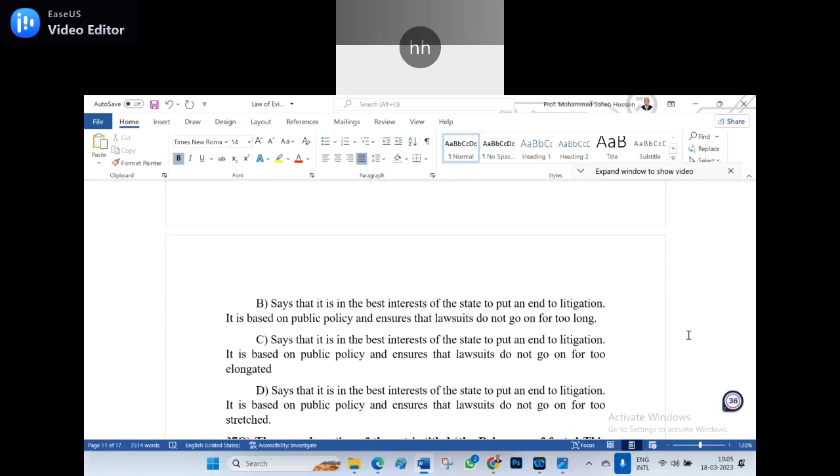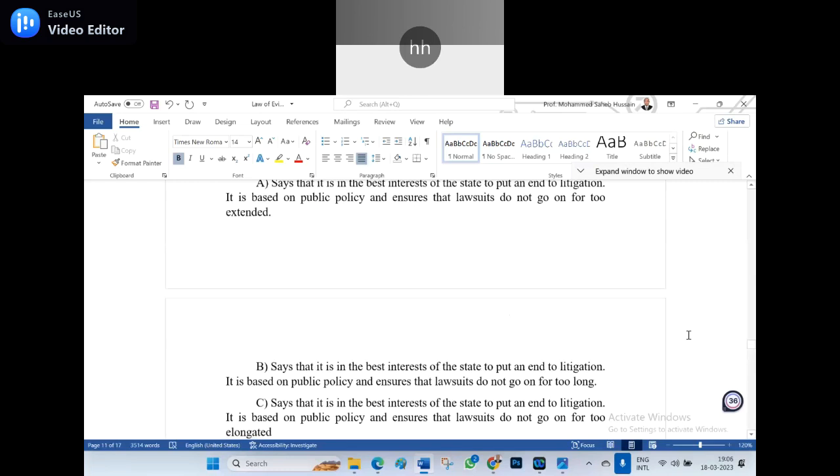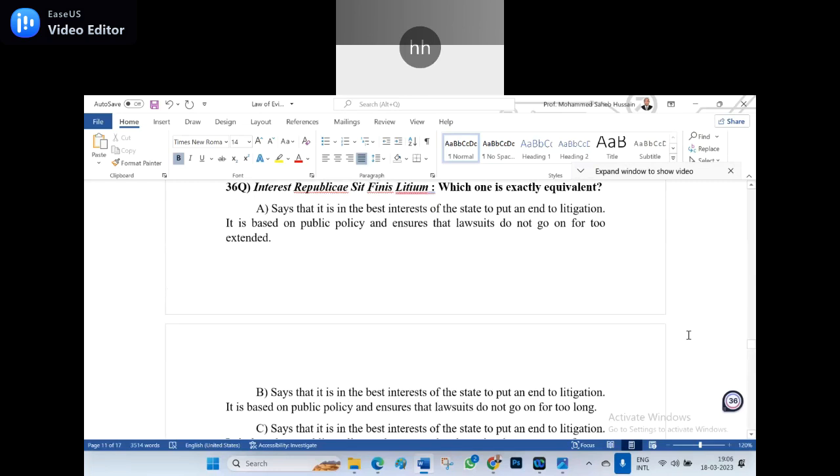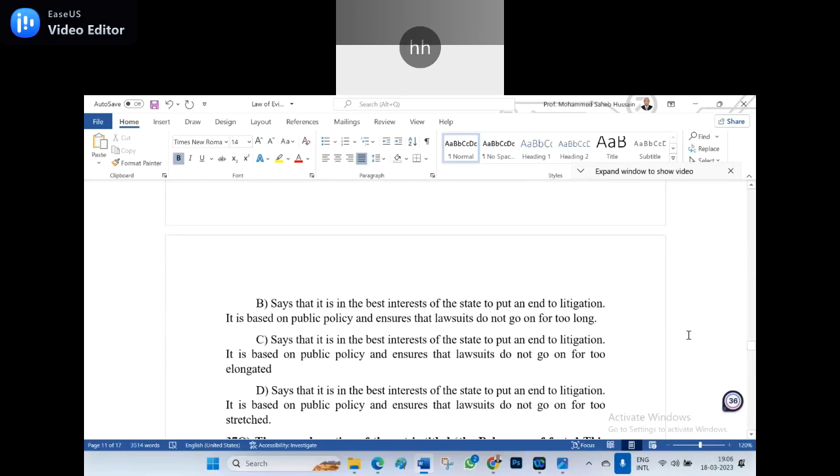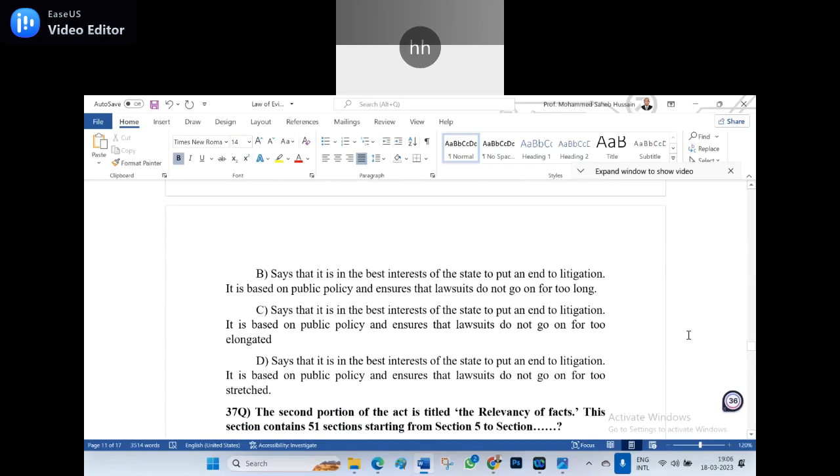Because here it says that it is in the interest of the state to put an end to litigation. It is based on public policy and ensures that lawsuits don't go on too long, not too extended, not too elongated, not too stretched, because our ear will not catch it in a proper manner.